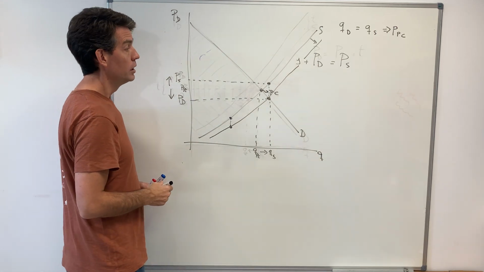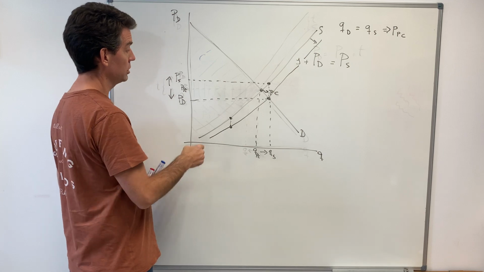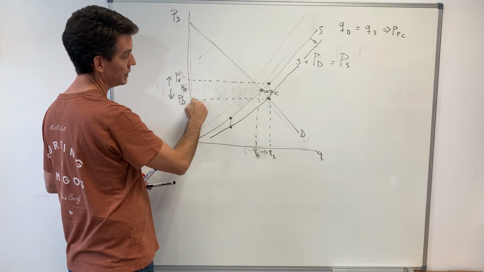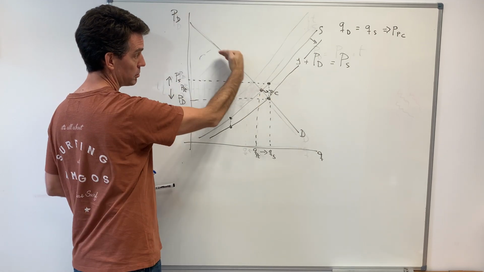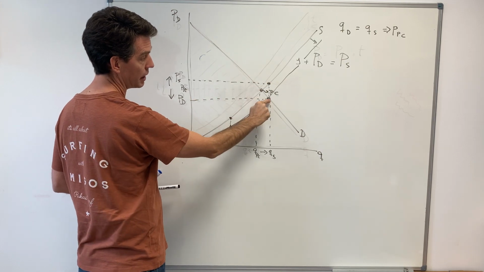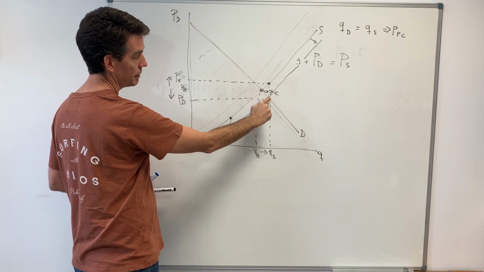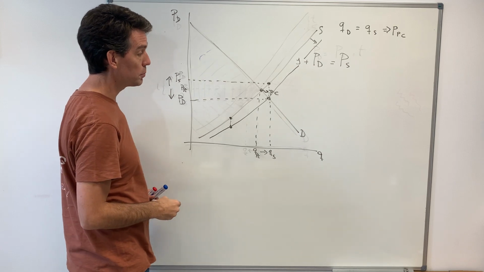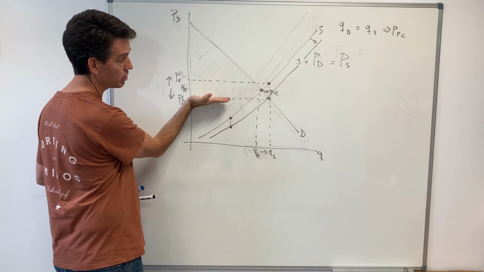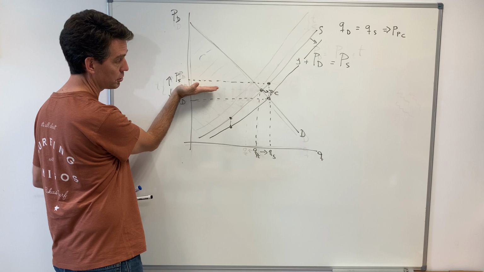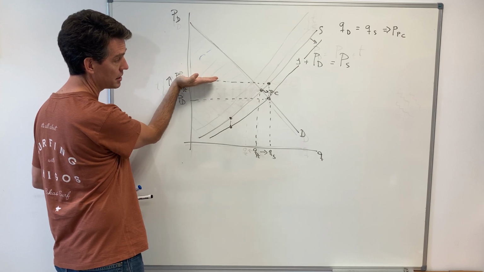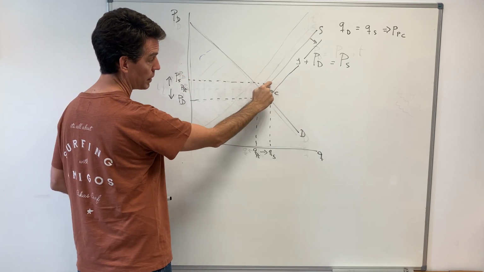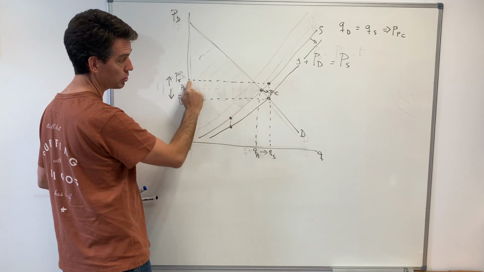In terms of consumer surplus, now the consumer surplus will be this larger triangle, the difference between willingness to pay and the price they are paying. So all this is a bigger consumer surplus. The producer surplus is also bigger because this is no longer the price the producers are receiving. They are receiving this price, so the difference between the price received and the original cost of producing this.